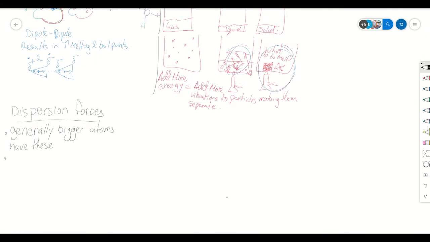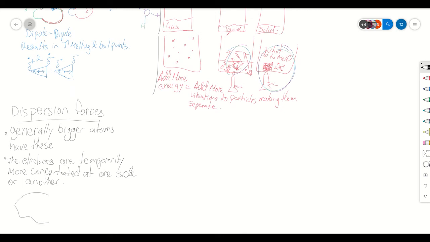And the electrons are temporarily more concentrated at one side or another.